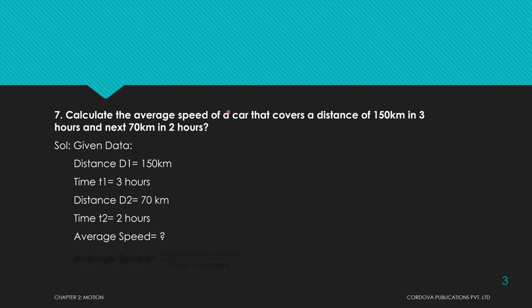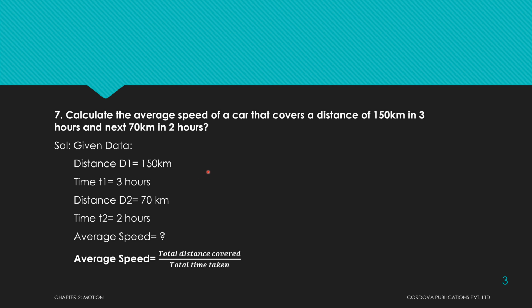Average speed is how much? This is what we need to find. We all know the formula, that is average speed is equal to total distance covered divided by total time taken. You need to remember this formula. Look here children, for finding out the average speed, you need to understand this. First you need to get the values of the total distance covered as well as time, right?